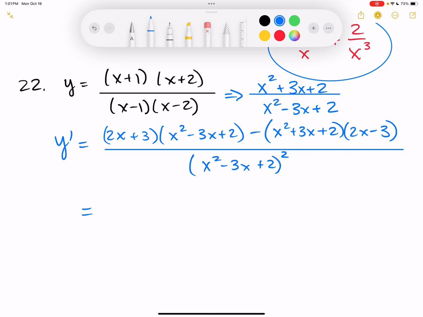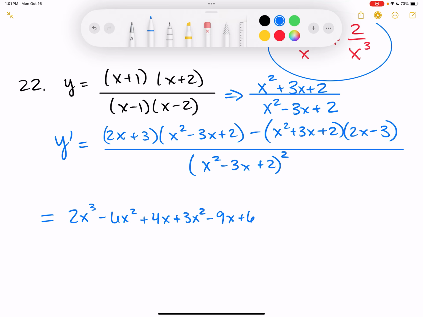On the top, I now have 2x cubed minus 6x squared plus 4x plus 3x squared minus 9x plus 6. That's just the first part. Now I am going to multiply the negative through so I don't have to worry about it.